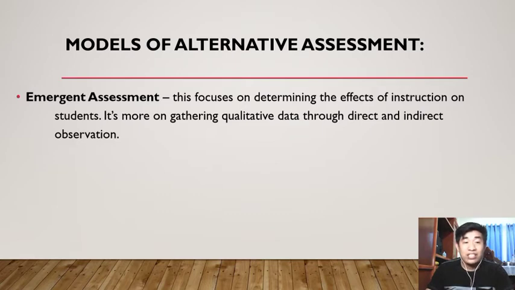This model is more applicable to values education. For example, the teacher wants to rate the students as to honesty, how students demonstrate honesty. It is direct observation if the teacher actually sees how the student behaves, how the students demonstrate honesty.